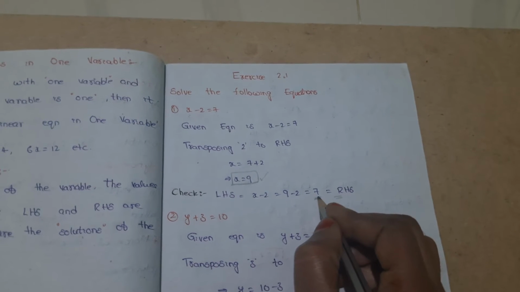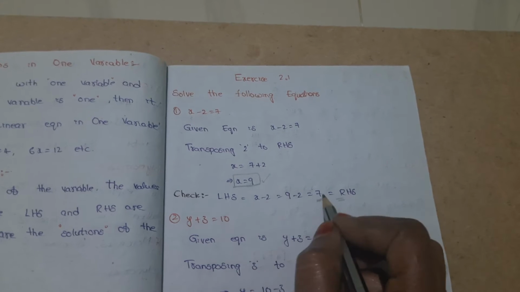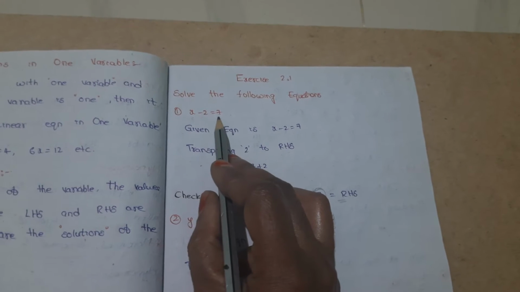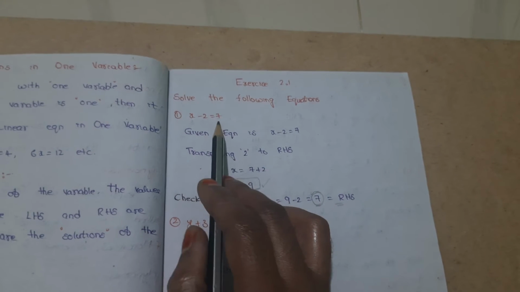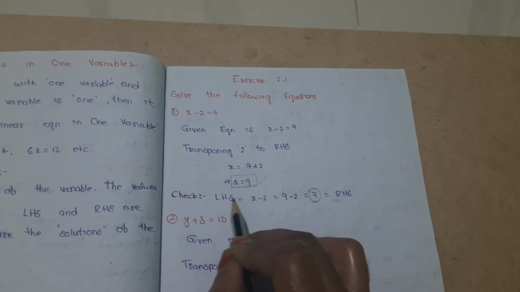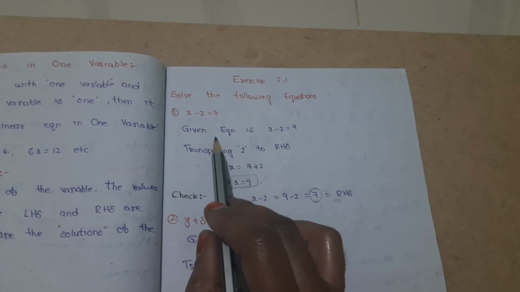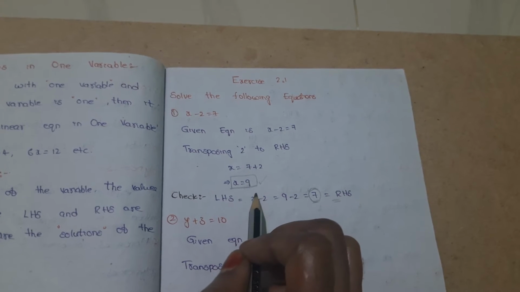After substituting the solution in the LHS, we get 7, and the given RHS value is also 7. Therefore, we conclude that if the LHS and RHS values are equal, then the solution we obtained is the solution of the given equation.